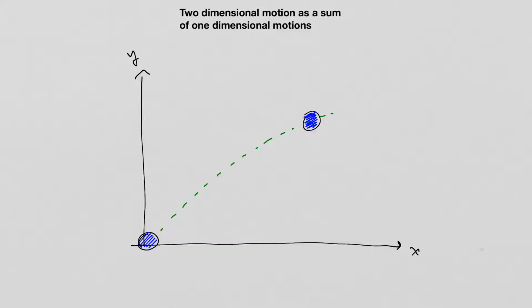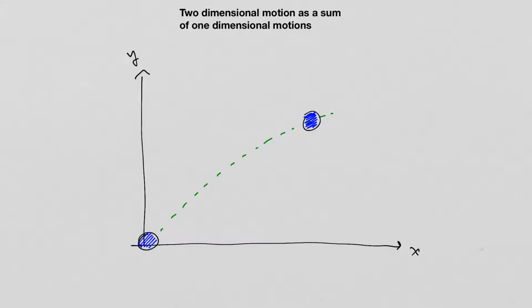So what are the possibilities of this object getting to that final position here? Well, there are two options. One would be to move horizontally along the x-axis until the object reaches a position right below this two-dimensional position and then go up until it reaches that position.